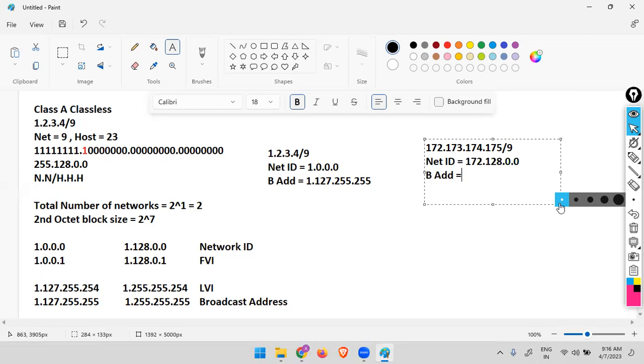Okay. 172. So 255. This is clear to everyone. What you did, you just focused on this part. According to this part, you came to know this part we need to keep constant and the remaining 3 will change. Now, what is the interesting octet here? Second octet. Second octet means what is the value here? 170. This range or this range? Second range. So 128 and 255.